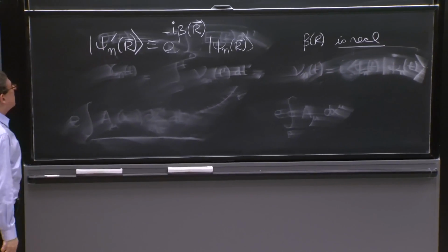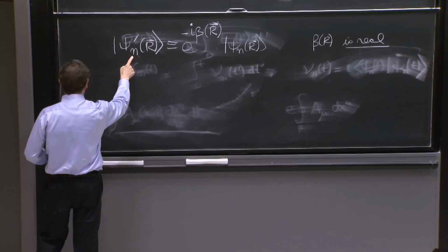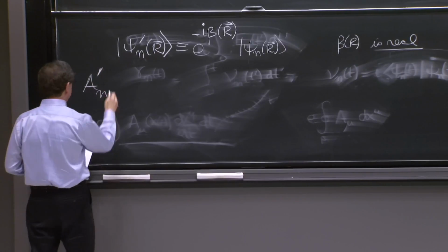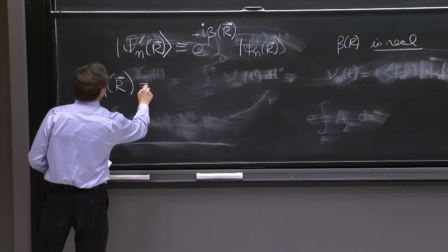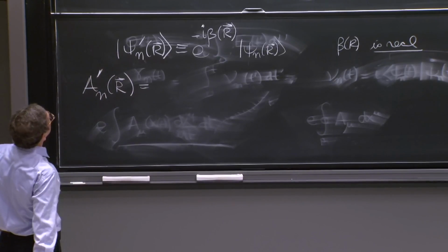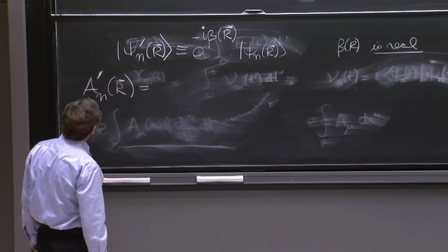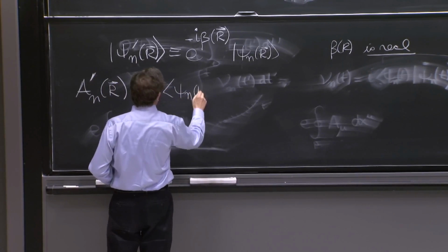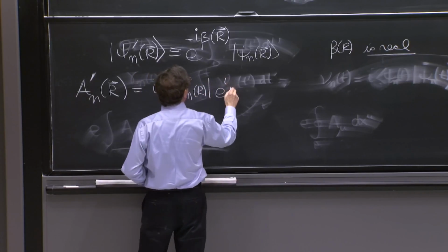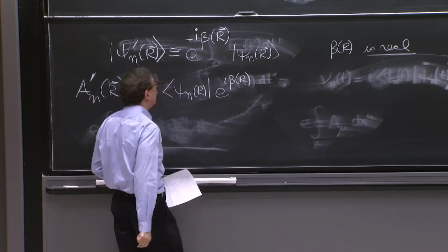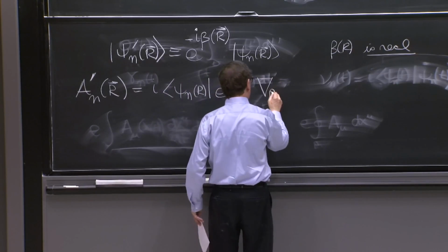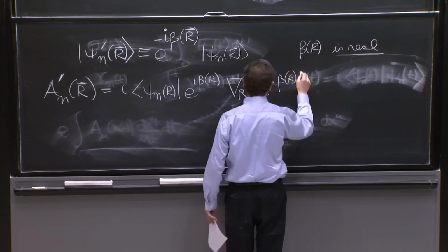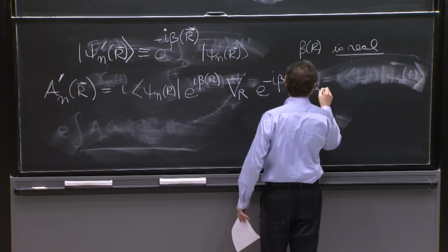So you can say, let's compute the new Berry connection associated with this new state, A_n prime of r. So I must do that operation that we have up there with the new state. So I would have i times the bra psi n of r times e to the i beta of r. That's the bra. Then I have the gradient, and now the ket, e to the minus i beta of r, psi n of r.